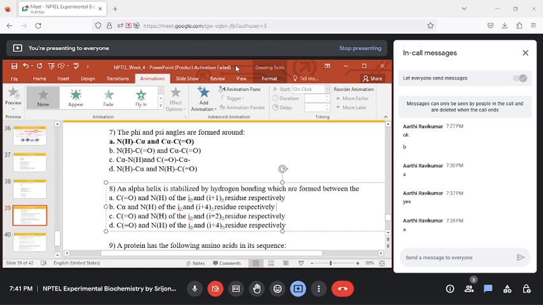If you look back to my lecture, in that slide I have told that it is formed between the ith and your I plus 4th residue respectively.